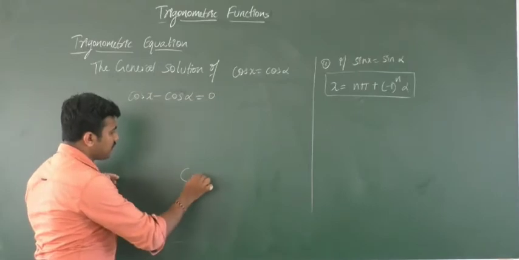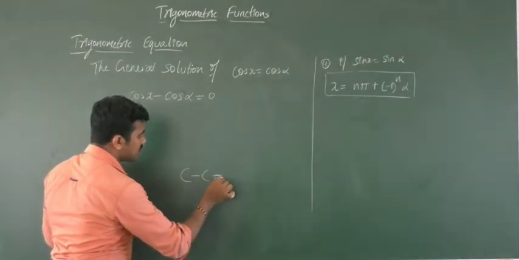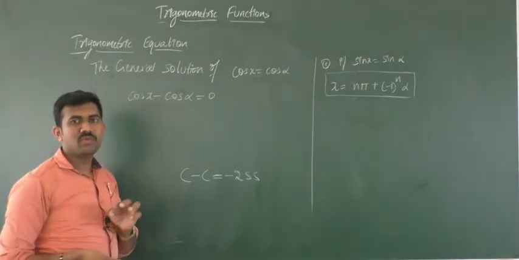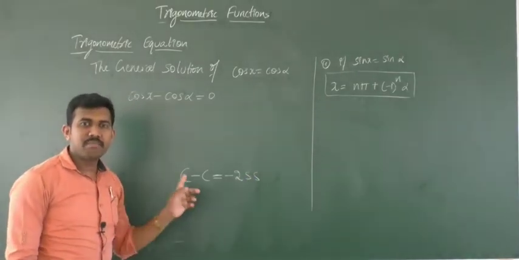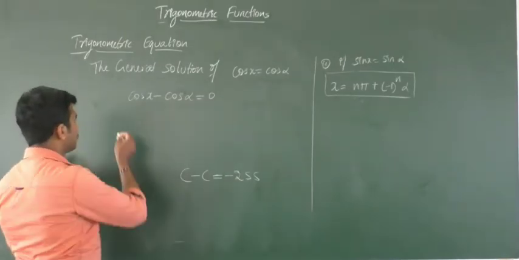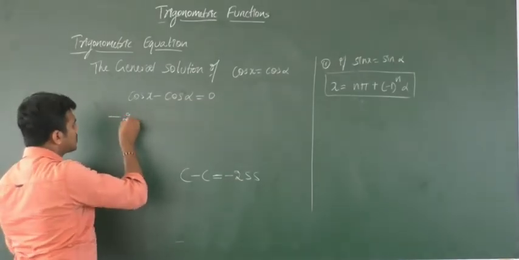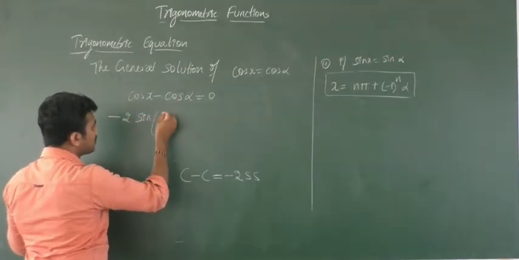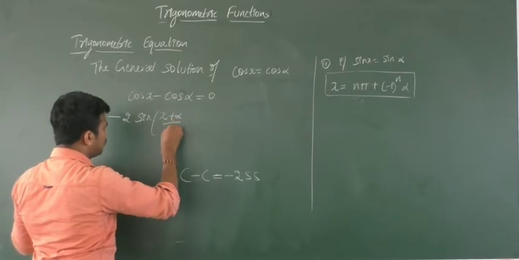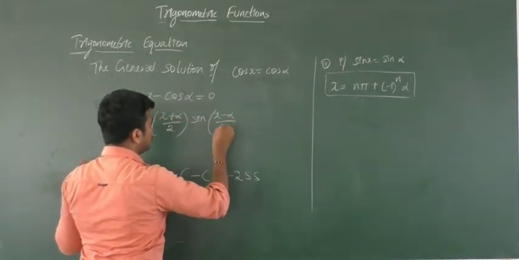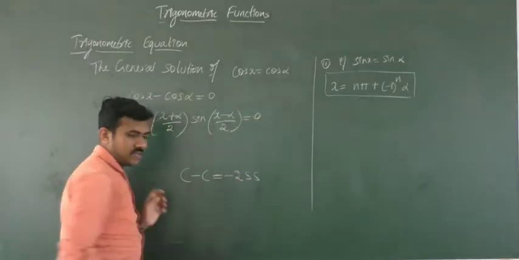Now it is in the form cos C minus cos D. This is nothing but minus 2 into sin((A plus B)/2) into sin((A minus B)/2). Here we have x and alpha, so minus 2 into sin((x plus alpha)/2) into sin((x minus alpha)/2) is equal to 0.